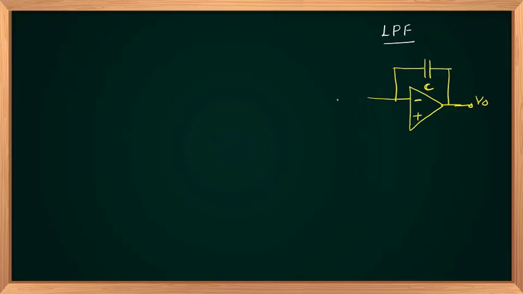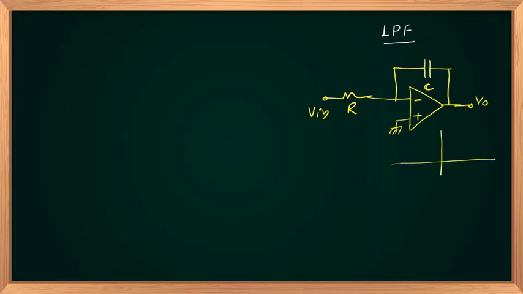The resistance is connected at the input side and the non-inverting terminal is grounded. This is called an integrator circuit or low pass filter.